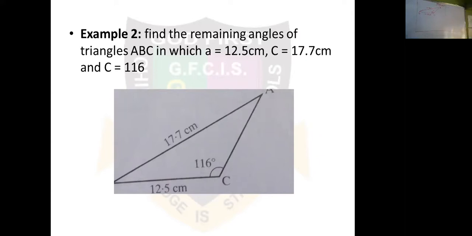Find the remaining angles. We are looking for this angle and this angle. So you are looking for A and this. So let's proceed. Going to the board now.